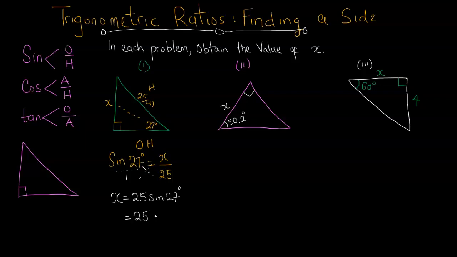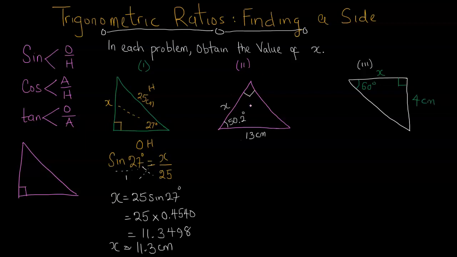So this is 25 times sine 27 degrees, which is 0.4540. The product of this is going to give 11.3498, and we can just approximate correct to one decimal place, and this is going to be approximately 11.3 centimeters. This is the value of x.